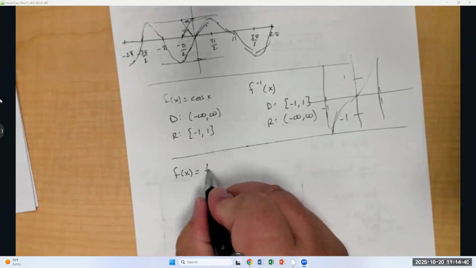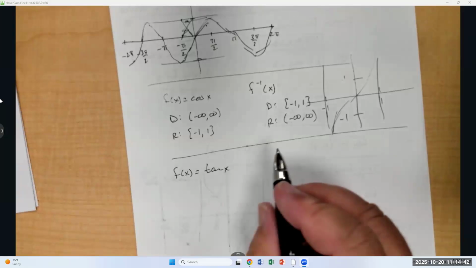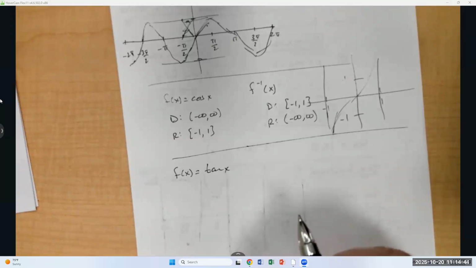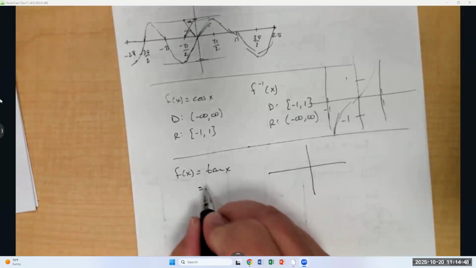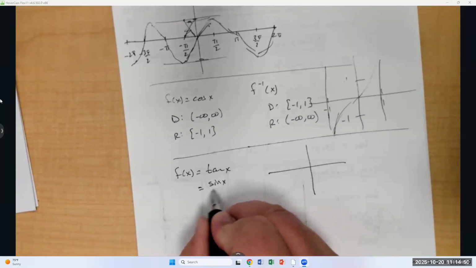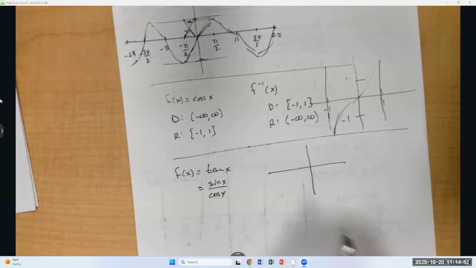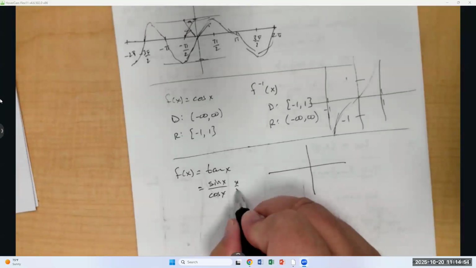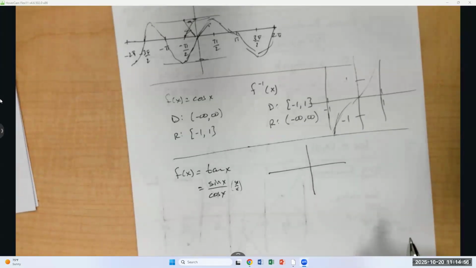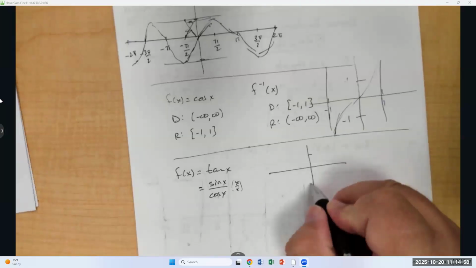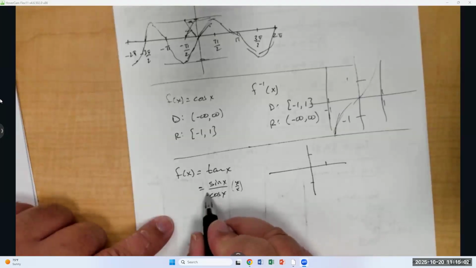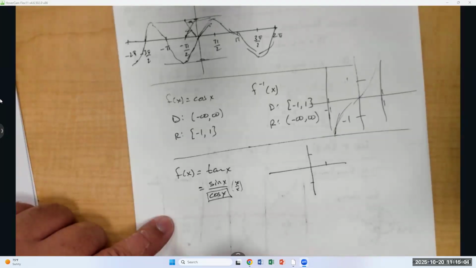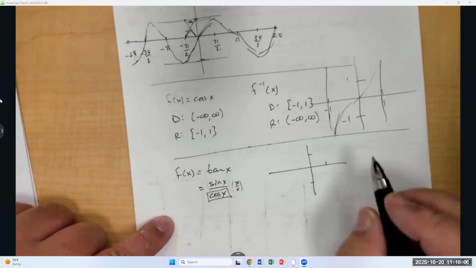The next function is the tangent function. The tangent function, since tangent is the slope, is sine over cosine, it's the y over x. What the tangent function looks at now is we have vertical asymptotes everywhere that cosine is equal to 0.